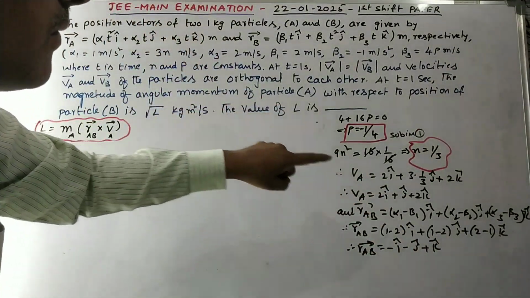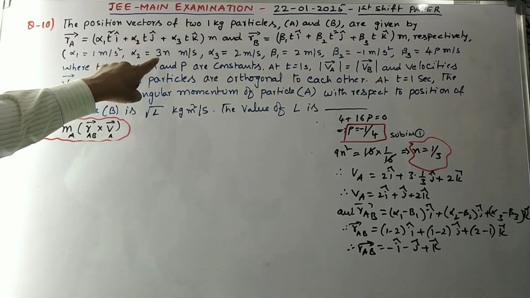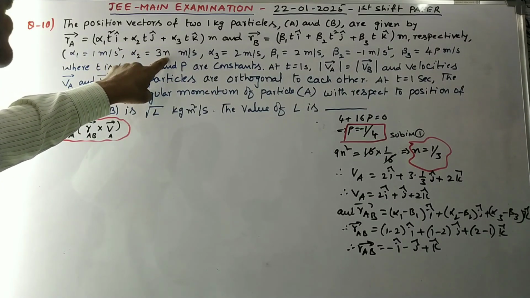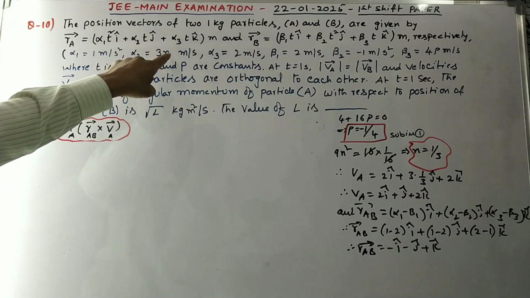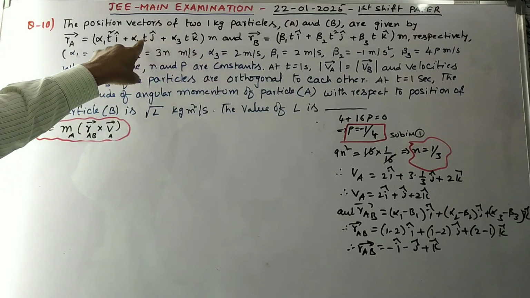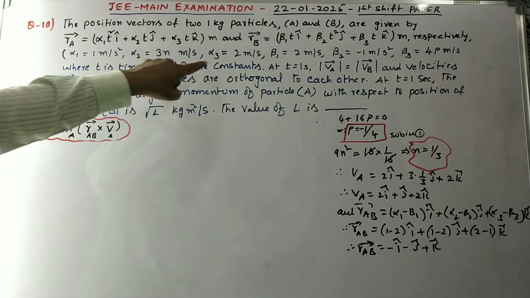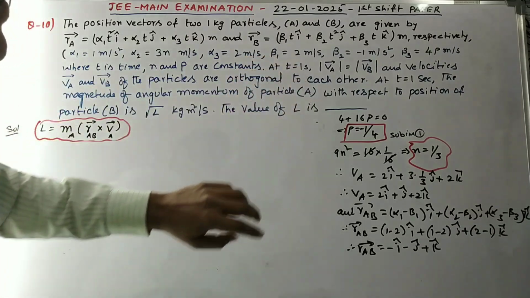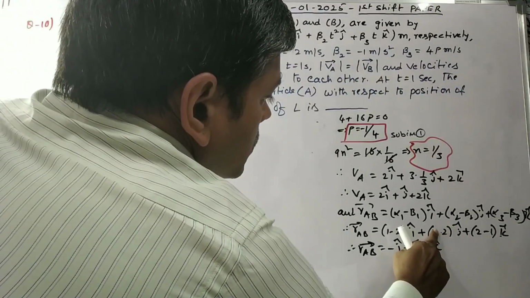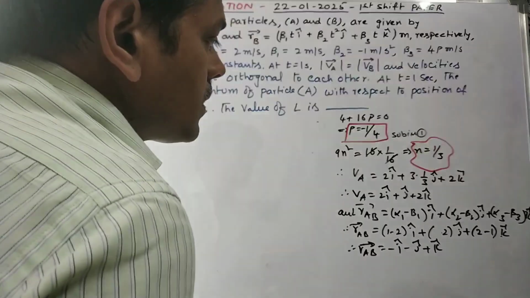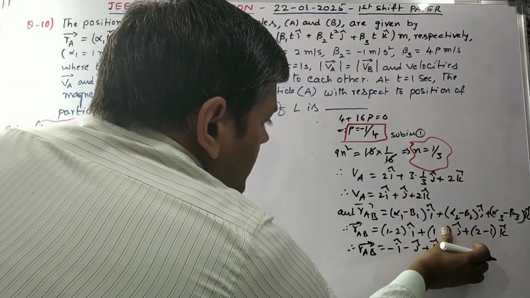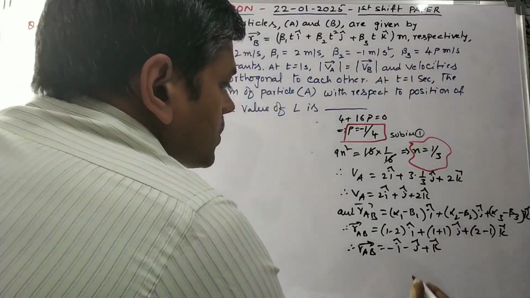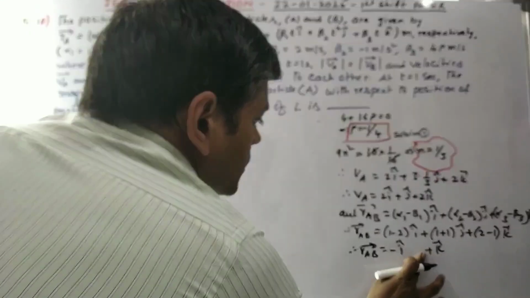Because alpha 2 is equal to 3 into n, where n is equal to 1 by 3, that means 1. Alpha 2 minus beta 2, beta 2 is equal to 2. So what happened? It may get 1 minus of minus, which means plus, 2j cap.